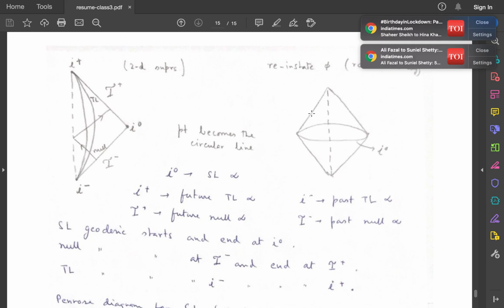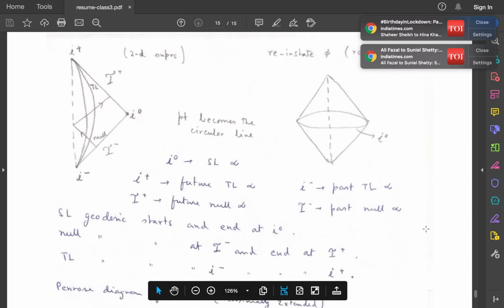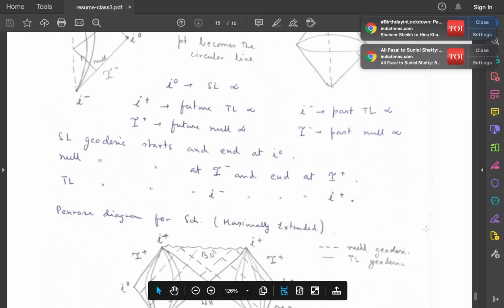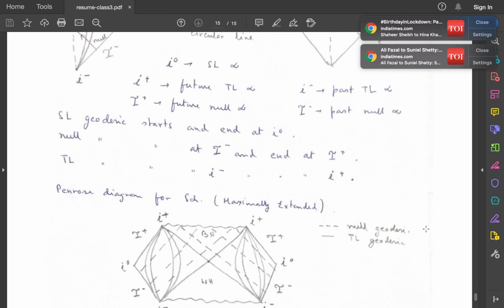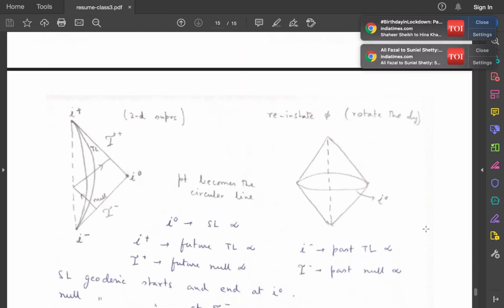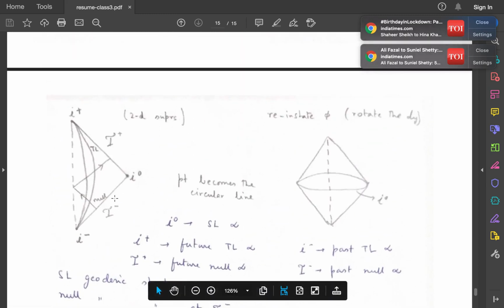This is the null geodesic, but they always have to end at plus or minus 1, and a timelike geodesic can run like this. You can discuss and think about it more. So this is the Penrose diagram of Minkowski's metric.